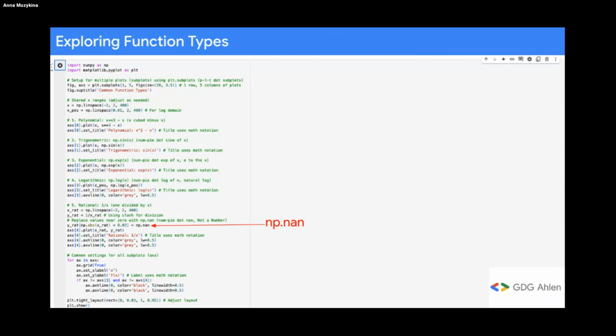Rational functions like 1 over x, or 1 divided by x. The code uses numpy.nan to prevent connecting lines across the break at x equals 0. By running this code, we will see the plots next.